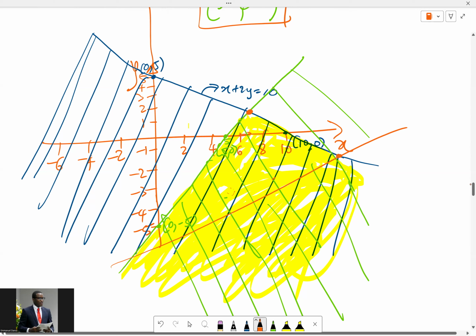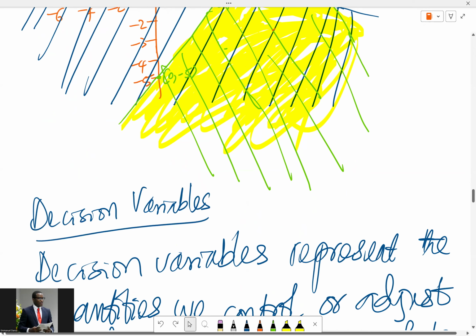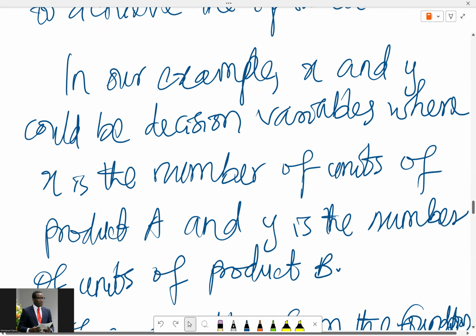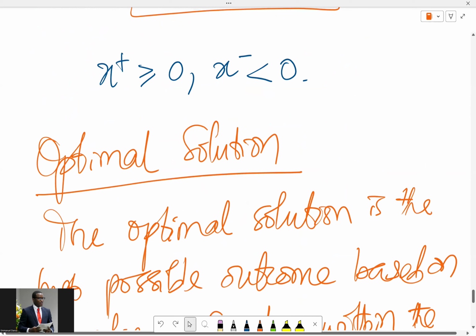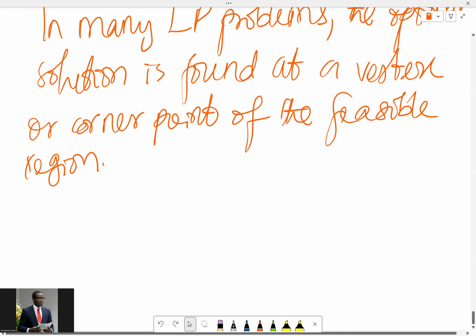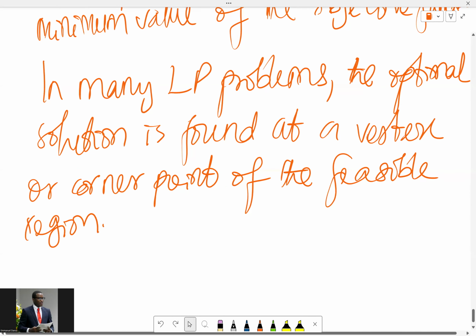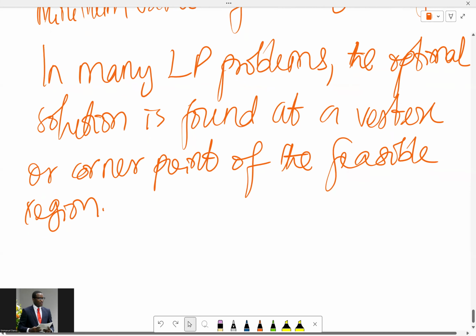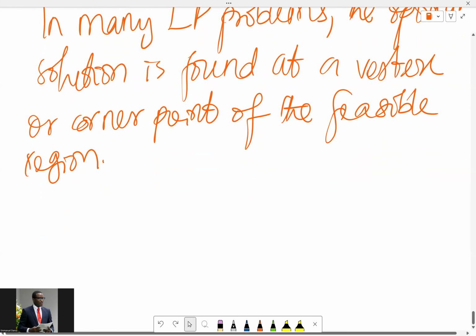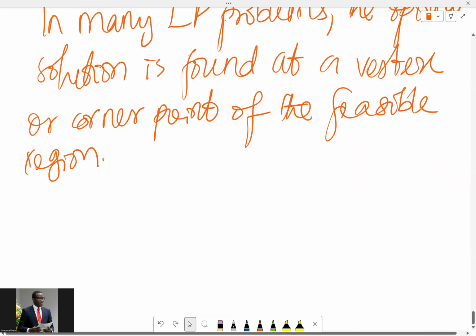So maybe this vertex or this vertex, you can find the solution around it. But as we go on, we'll be taking real examples so you will understand better what we mean by that. So in many linear programming problems, the optimal solution is found at a vertex or corner point of the feasible region.